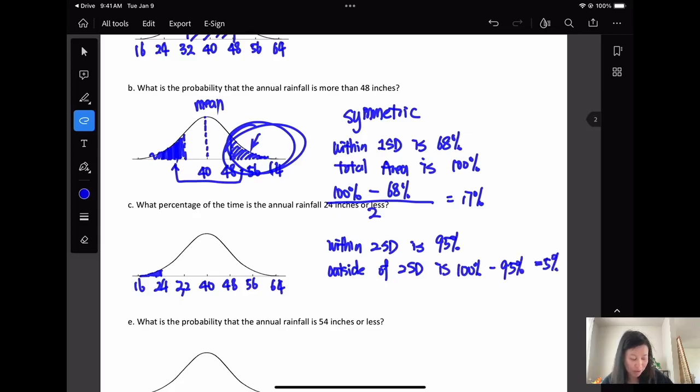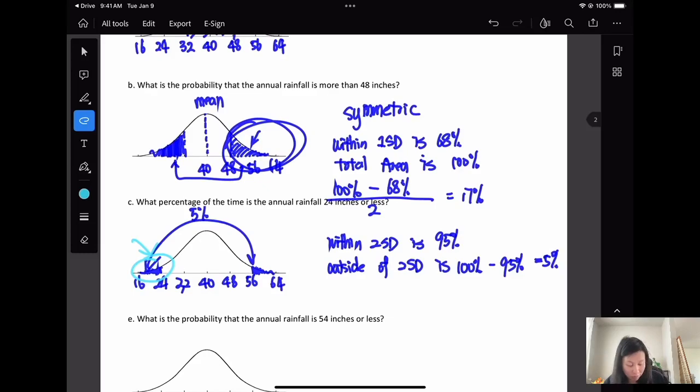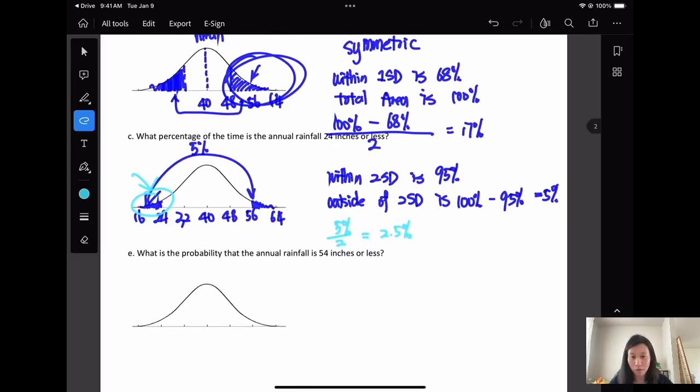That gives you 5%. So within this 5%, you have 2 parts. These 2 contained totally is 5%. But we only want the left part, which is this part. This part should be half of the 5%. So that means the percentage of the time the rainfall is 24 inches or less should be 5% divided by 2, which is 2.5% of the time.